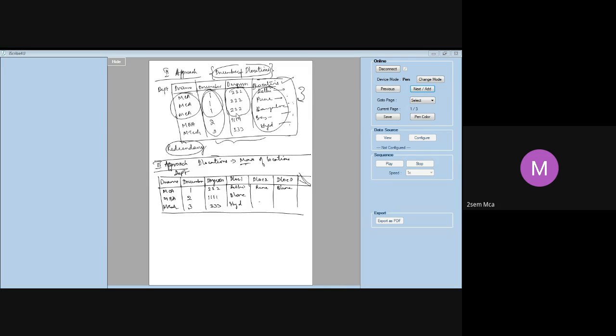This is possible if you get to know the maximum number of locations. I know that for MCA department, the maximum is 3, and no other department has more than 3 locations. I know that information prior. That is why when I do this table, I include 3 different columns for the 3 different locations: location 1, location 2, and location 3.